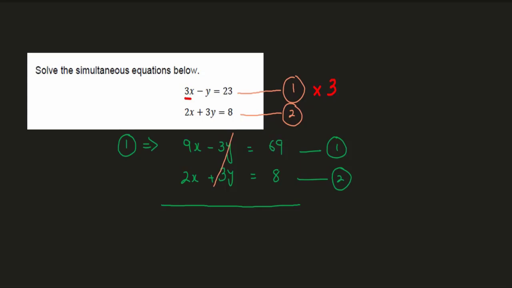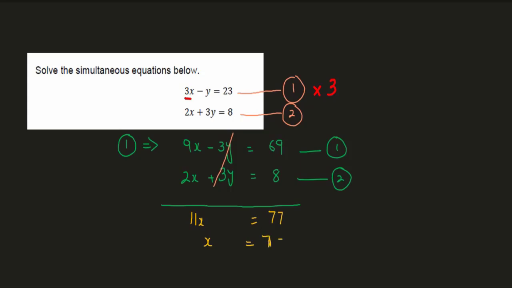Now I can write the remaining of the equation. 9x plus 2x is 11x, minus 3y plus 3y cancel out each other, it makes it 0, so I don't need to write it. Then 69 plus 8 is 77. So I'm going to write 77 here. Now I can just find the value of x, which is 7.